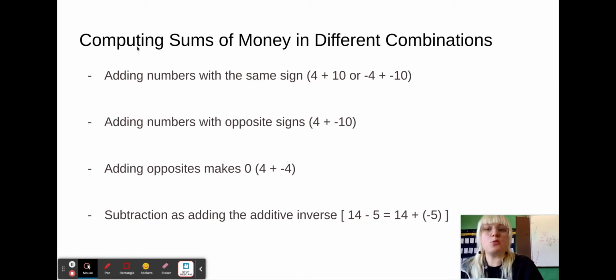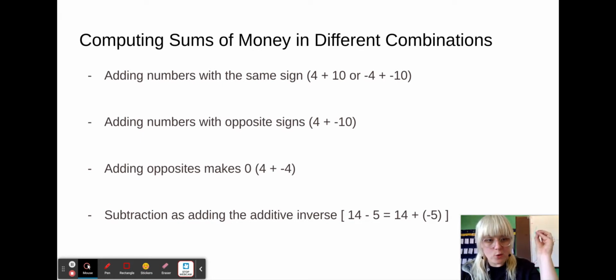So there are many ways where we can compute sums of money in different combinations. One combination is adding numbers with the same sign. So remember, signs are either a positive number or a negative number. So adding numbers with the same sign, you might say, I deposited $4 and then I added another $10 deposit. I now have $14. Or you could say I withdrew $4 and then I had to withdraw $10 more. In total, I withdrew 14.